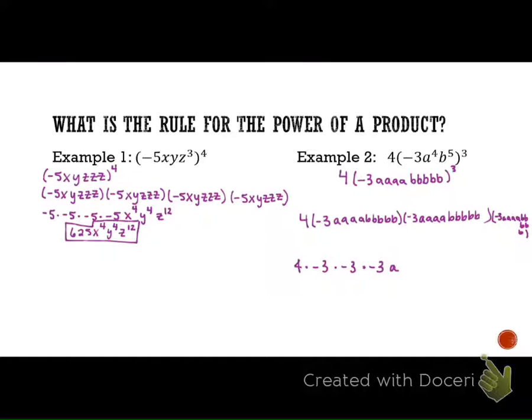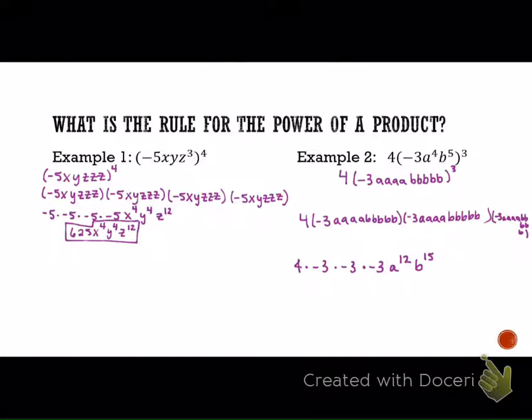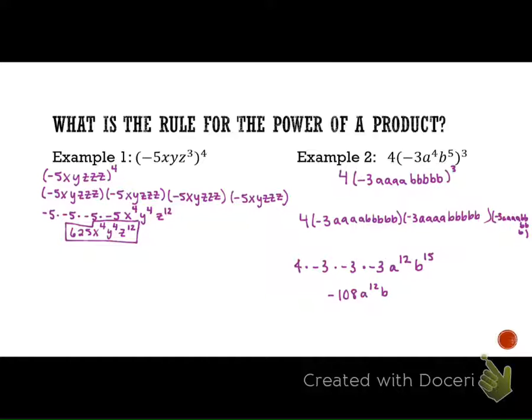We have 4 plus 4 plus 4, which is 12. And then how many b's do I have? 15. So I have 4 times negative 3, which is negative 12, times negative 3, which is positive 36. Positive 36 times negative 3 is negative 108. So I have negative 108, a to the 12th, b to the 15th.